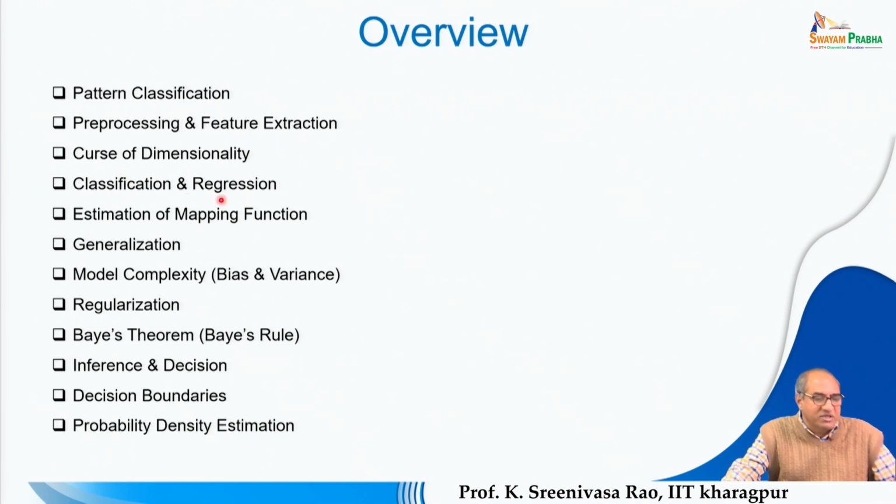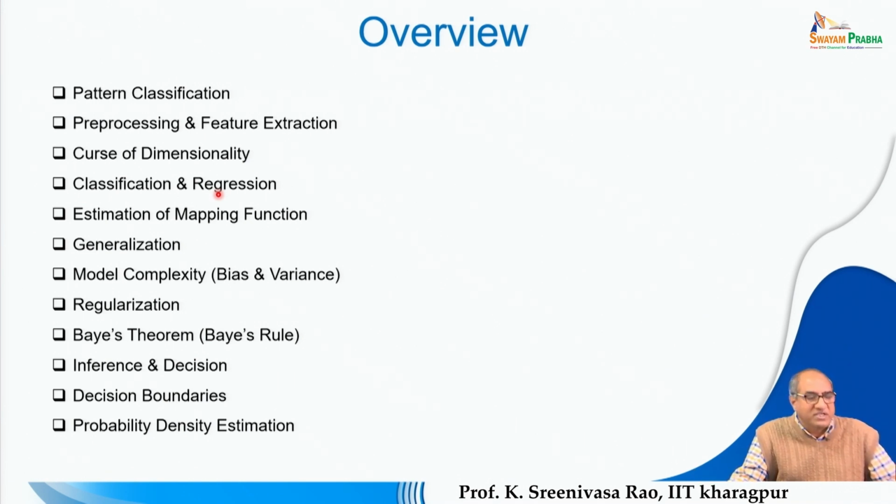Then afterwards we discussed classification and regression. The classification we already mentioned, and regression is also very similar to classification, and these two can be viewed under the framework of function approximation. When you are approximating a function or trying to model the underlying function of a system, depending upon the outcome of the system, we can view it as either a classification problem or a regression problem.